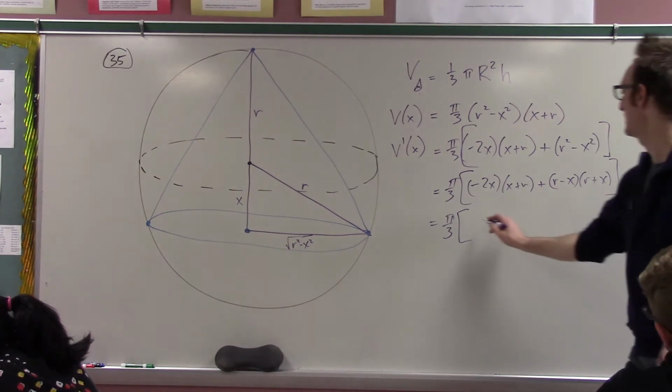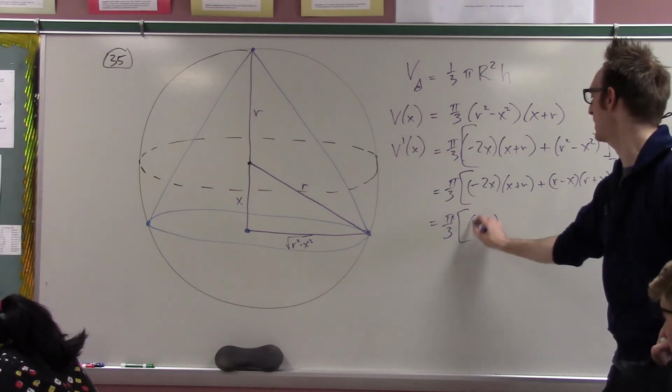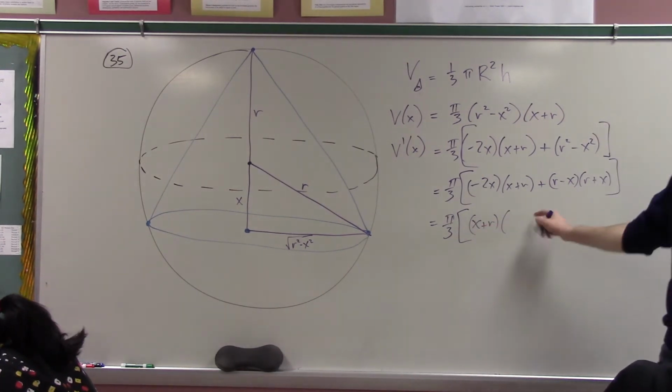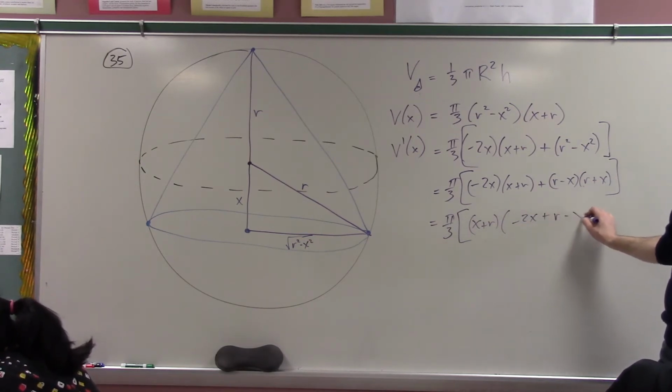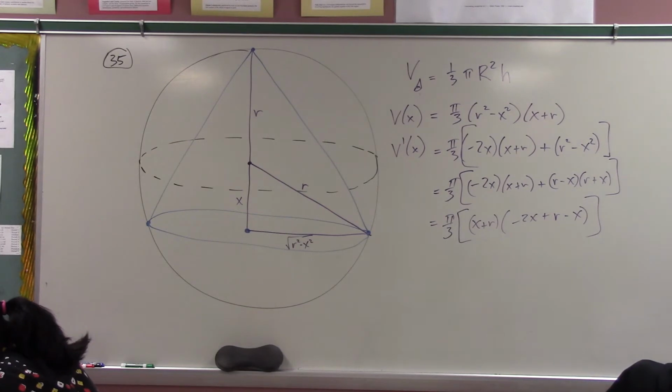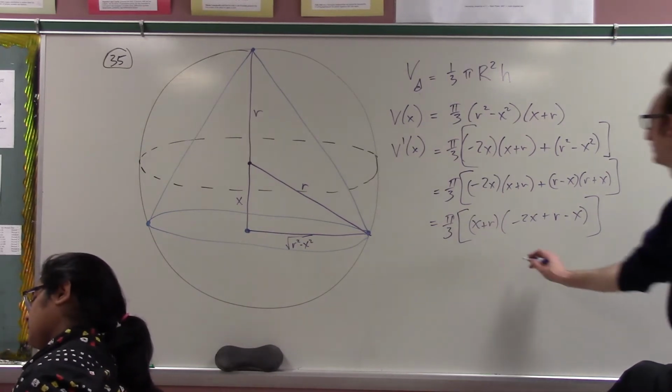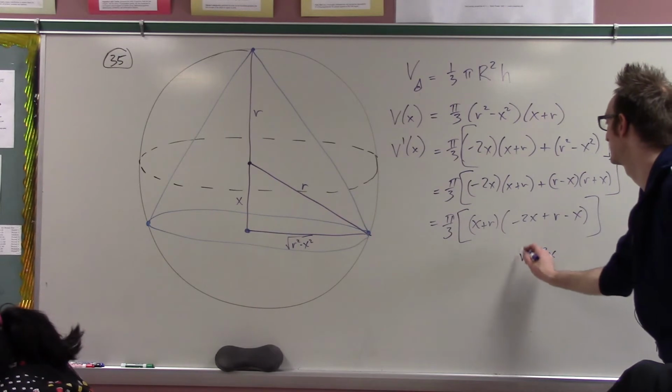So what do I get? If I factor out this x plus r, I'm left with negative 2x plus r minus x, otherwise known as r minus 3x, basically, right? R minus 3x.